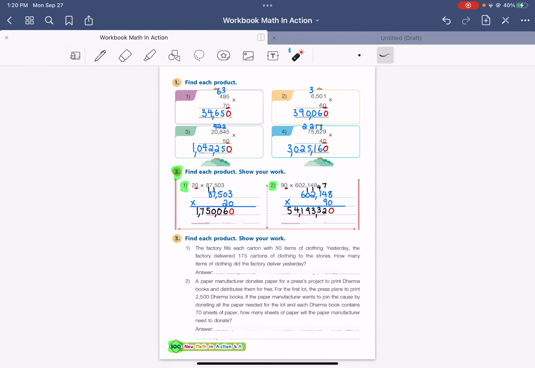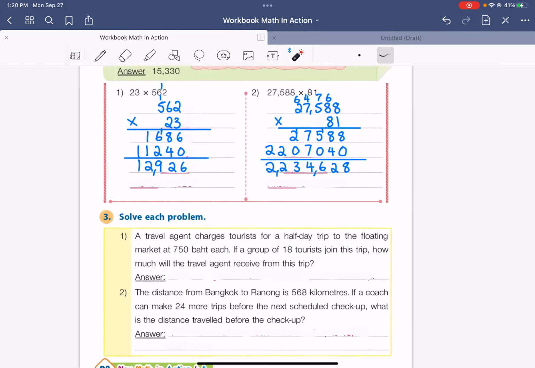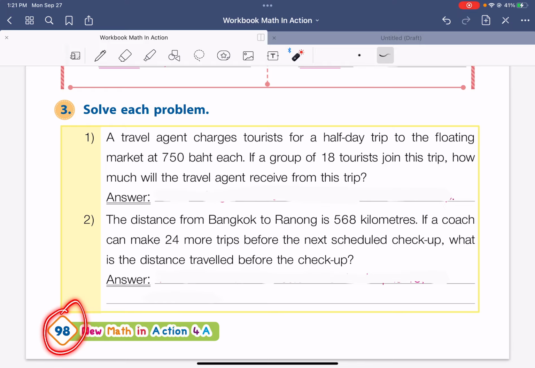Okay, so let's do word problems today. Let's go back a bit to page 98. Number 3 says solve each problem.